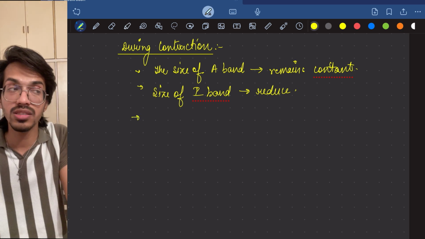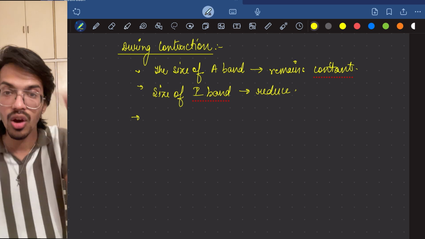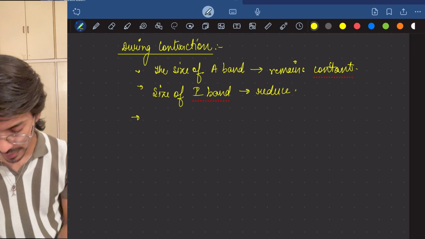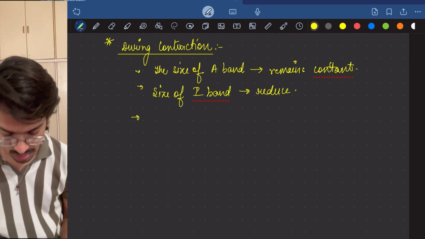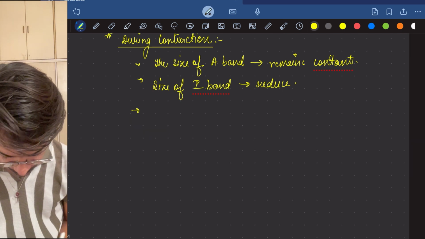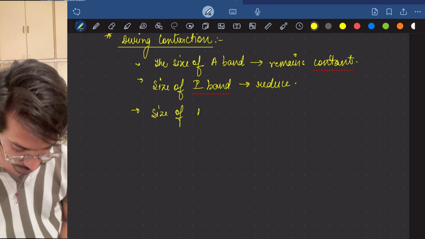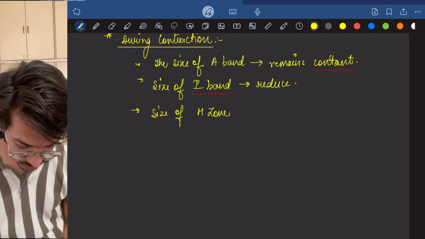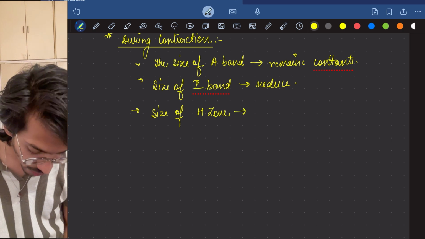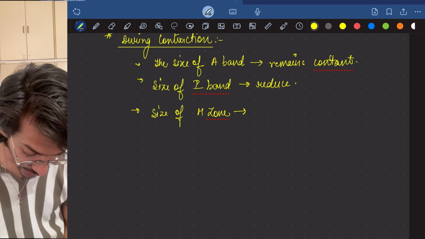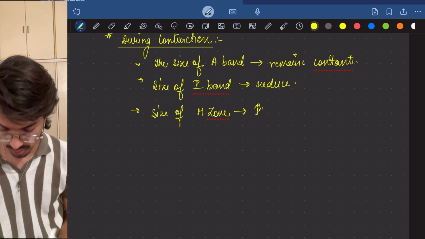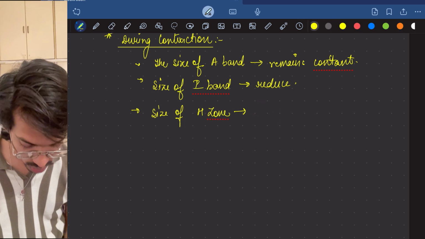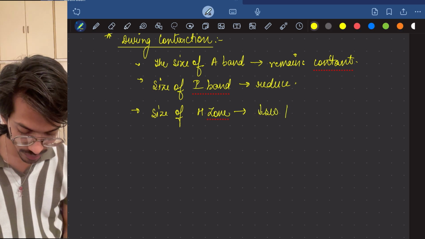If something is being pushed inward, it will come in the area of the H zone, where only A band was present. So the size of H zone also decreases, that is, it reduces.